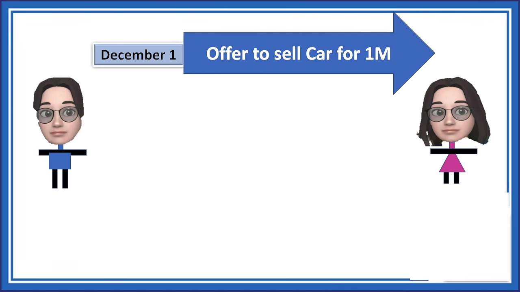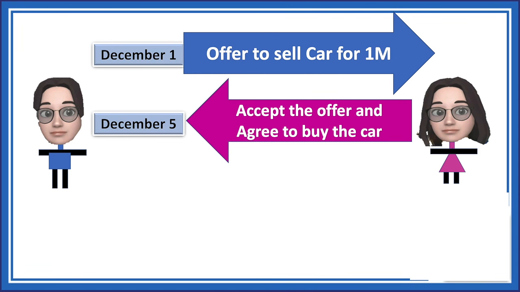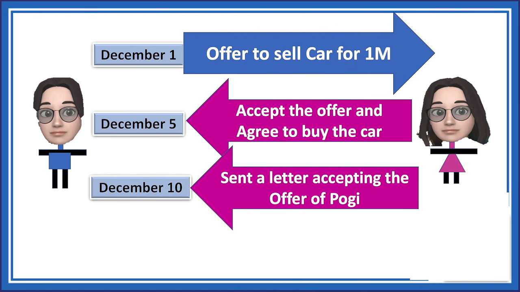He sent a letter. And so, Ganda received the letter and consented to buy that specific car of Pogi on December 5. So, Ganda wrote a letter of acceptance, of course, and dropped it in the mailbox on December 10.